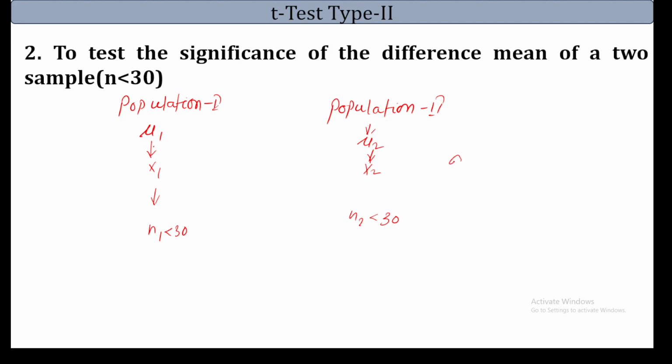For this case we have the assumption that sigma 1 square is equal to sigma 2 square, like the variance will be equal for both populations.